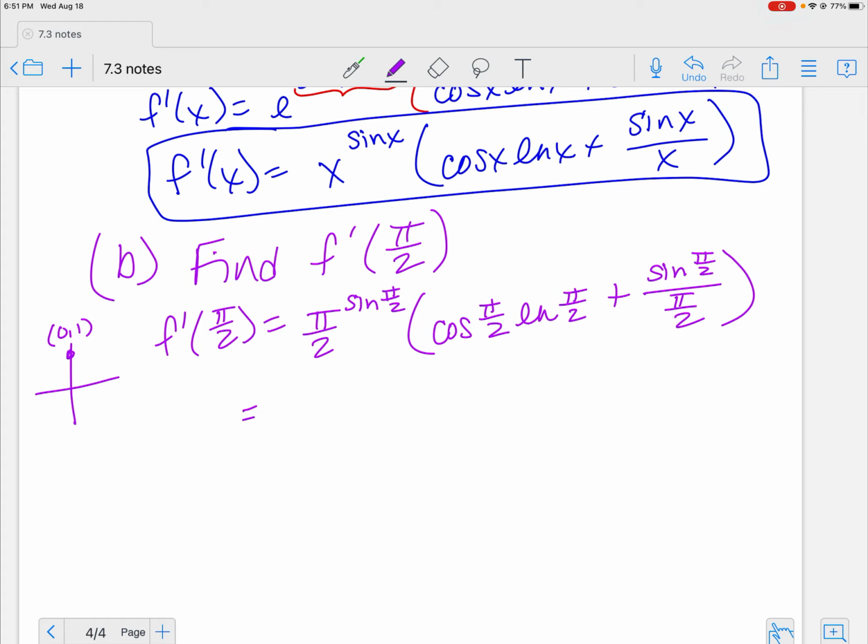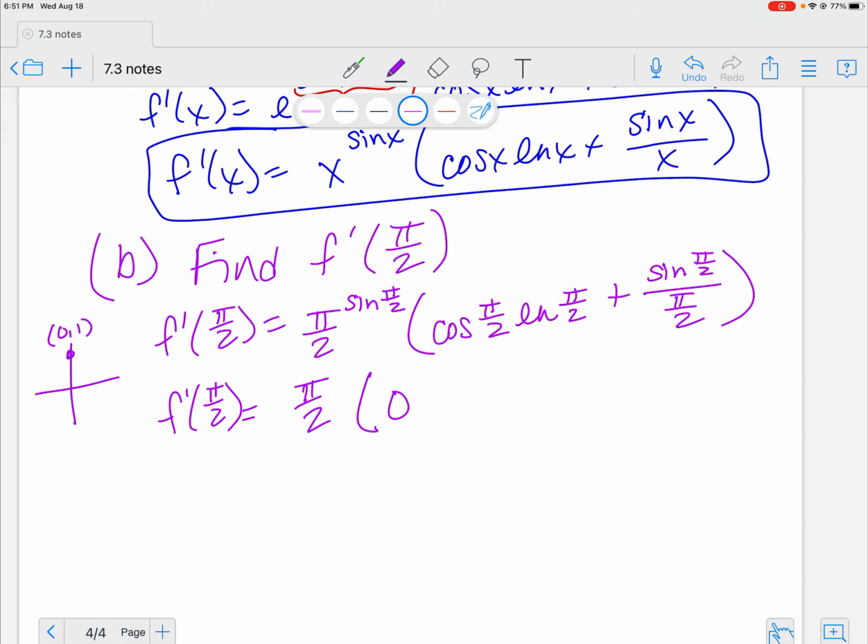So this is going to be f prime of pi over 2 equals, if I have anything to the first power, because sine of pi over 2 is 1, that's just going to leave me with pi over 2 as this first part, right? Times the cosine of pi over 2, however, is a 0.